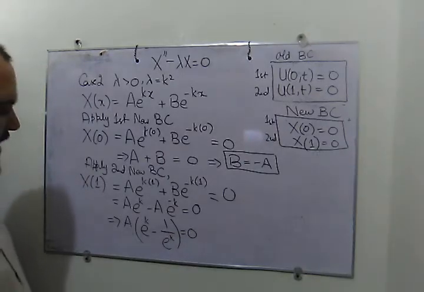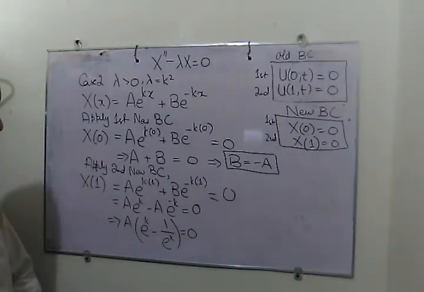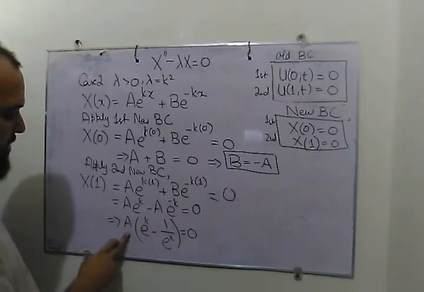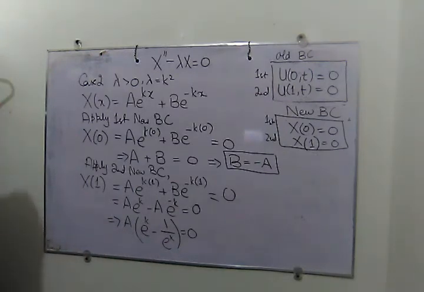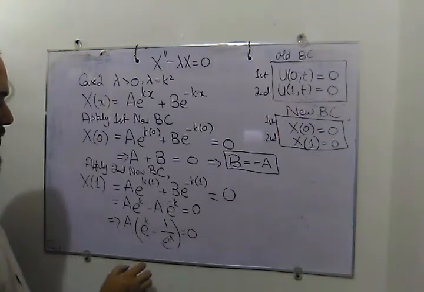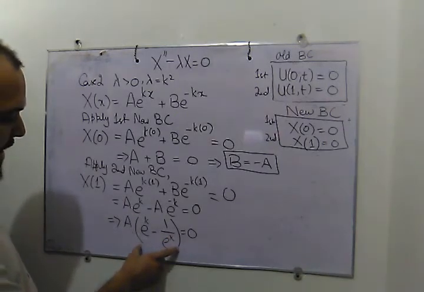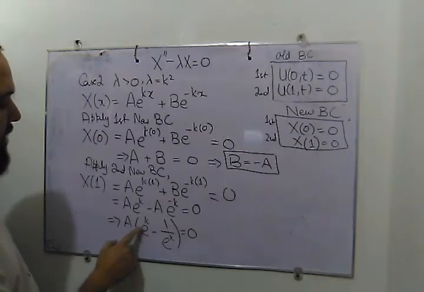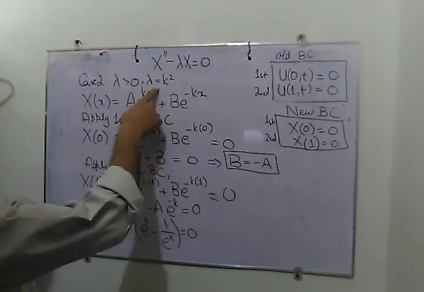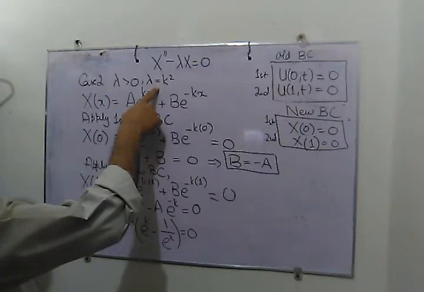Now we have a situation that the product of two terms is 0. One is the bracket term, the second one is the coefficient itself. So how do we decide which one is 0? First we see exponential k. We know that k is positive, greater than 0.